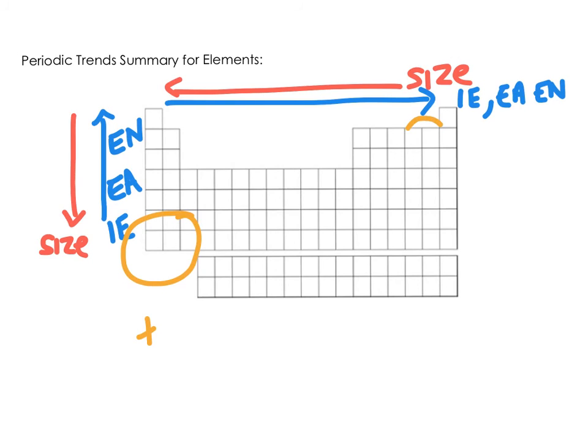And over here, you've got your most reactive nonmetals, because they're the smallest, so they have the highest electron affinity or electronegativity, which means they want to be negative. And that's what nonmetals do. When they form ionic compounds, they become negative. So there's the place for your most reactive metal and most reactive nonmetal.